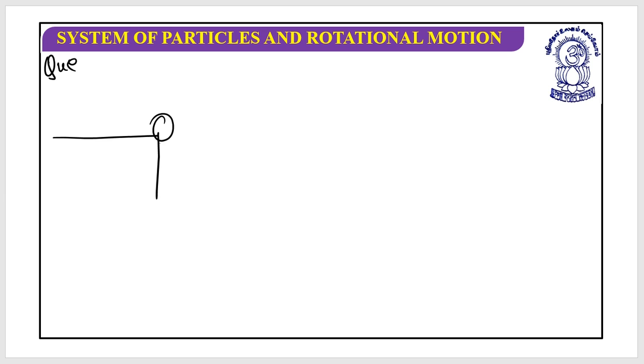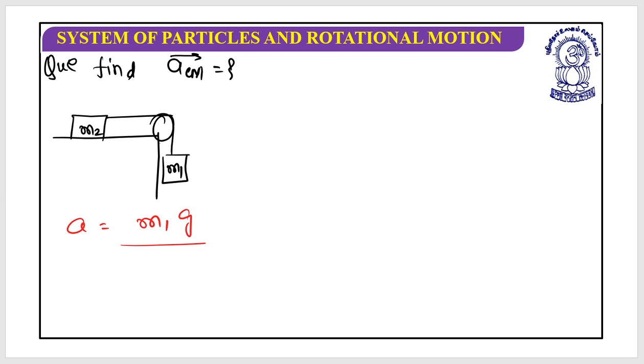A pulley is here. It's M2. This is M1. And they want us to find ACM. So first you need to find the acceleration. How will you do this? Acceleration is given as m1g divided by m1 plus m2.